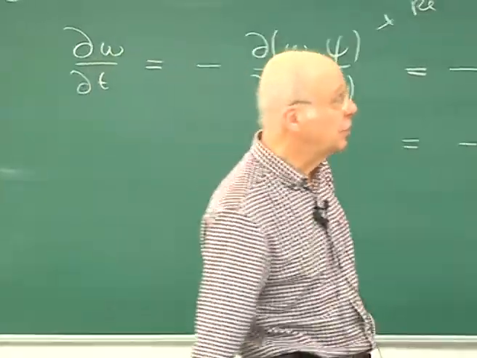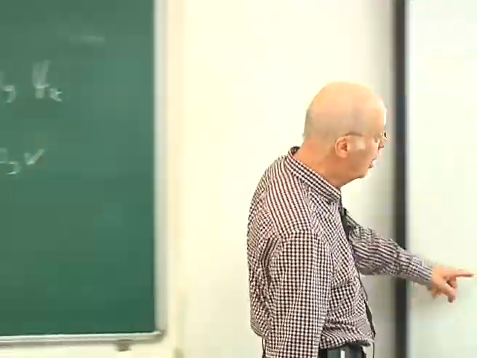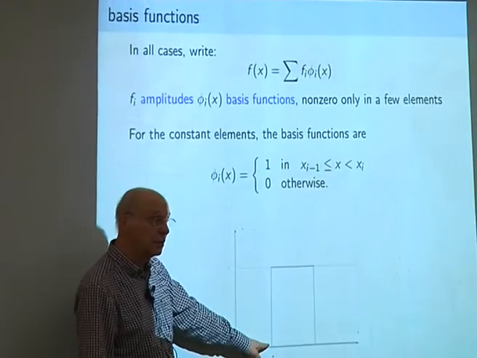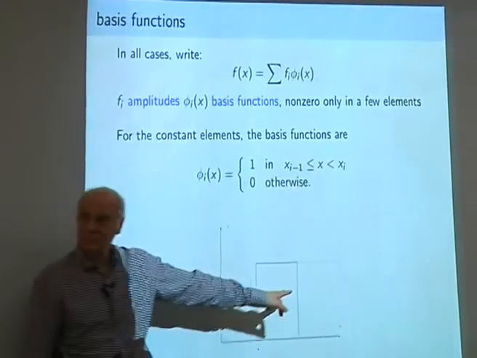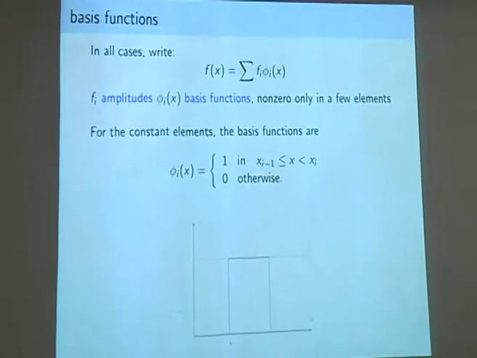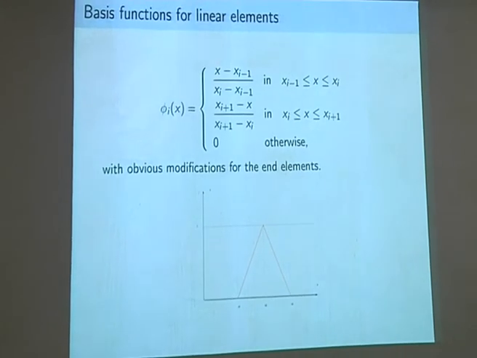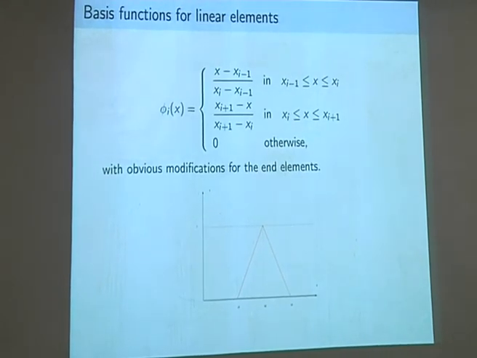Okay, and the basis functions for the constant elements are exactly 0 everywhere, except in one element where they're equal to 1. For the linear representations, the basis functions, again, vanish outside 2 elements, and then we have a linear variation in each element.